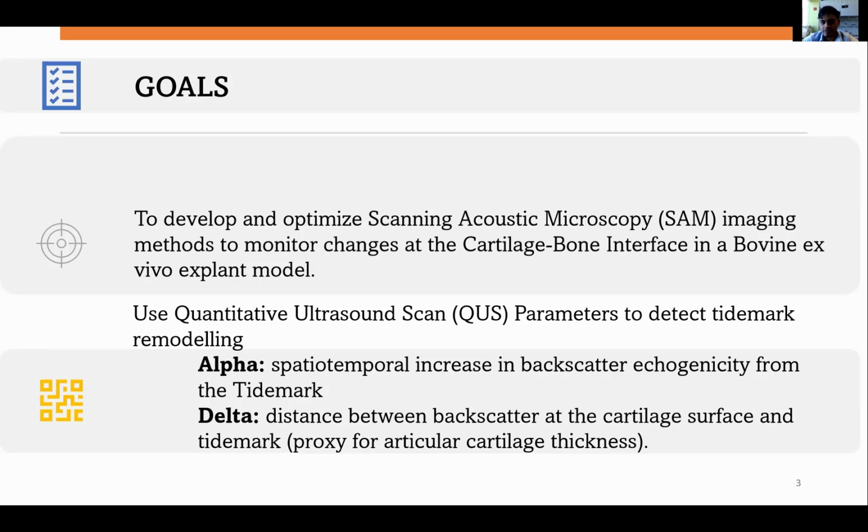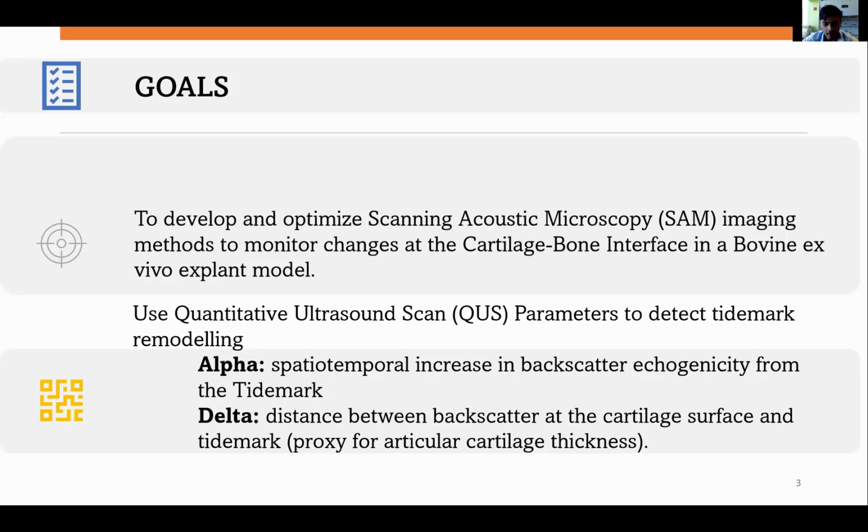We have introduced some novel quantitative ultrasound parameters, which can help in detecting tide mark remodeling. Some of these parameters are alpha, which is defined as the spatiotemporal increase in the backscatter and echogenicity from the tide mark. It basically tells you about the intactness of the tide mark and its mineral level.